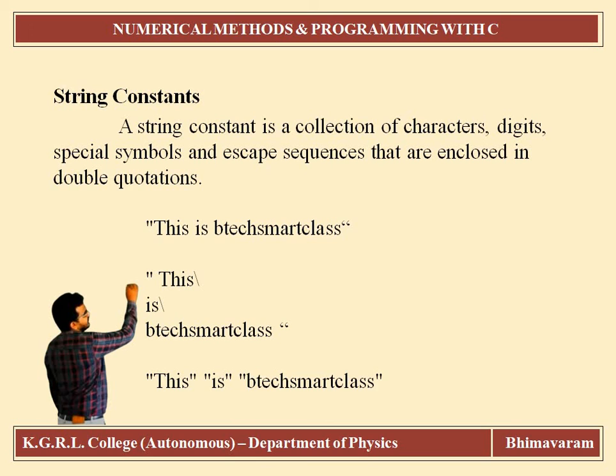Now we can define a string constant using multiple lines as follows: "This \ is \ ptext mod class", enclosed with double quotations. We can also define a string constant by separating it with white spaces as follows: "This" "is" "ptext mod class", each word enclosed with double quotations.